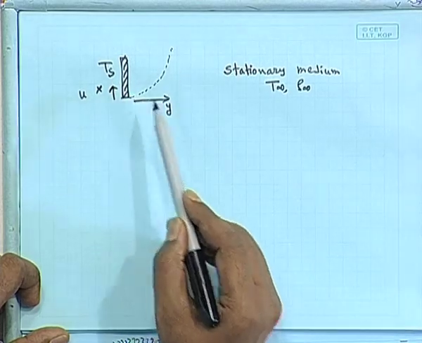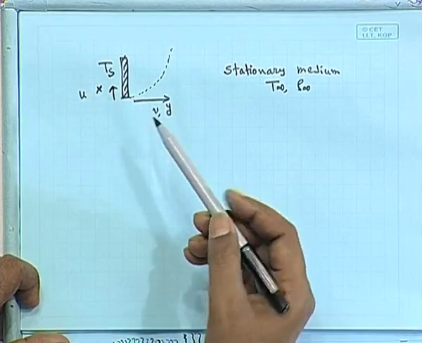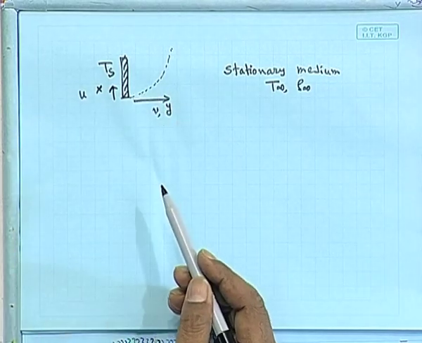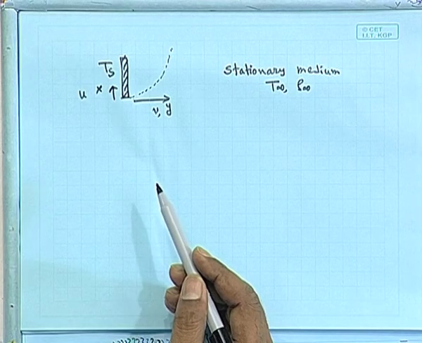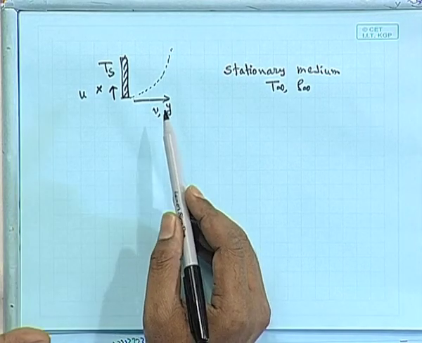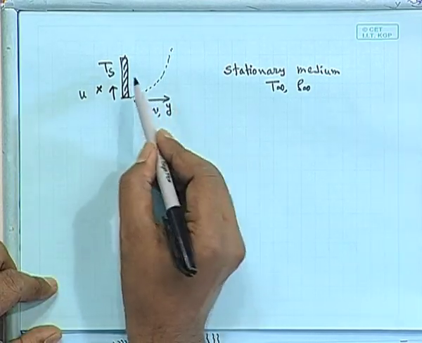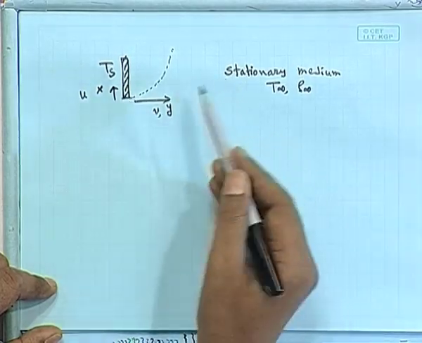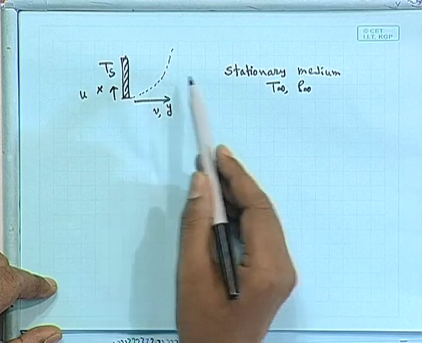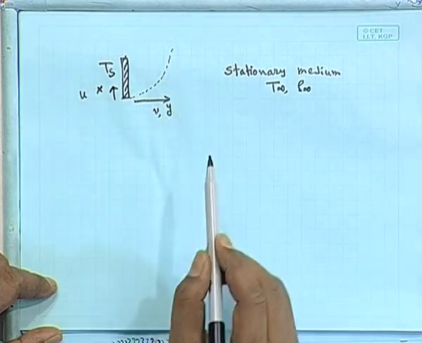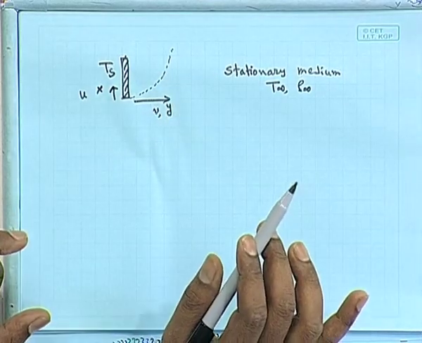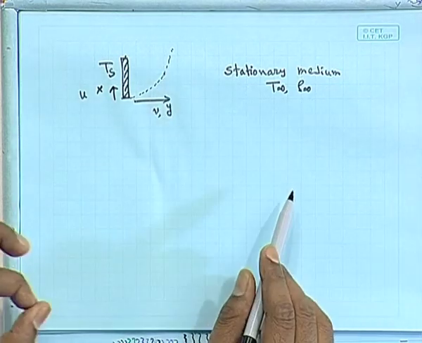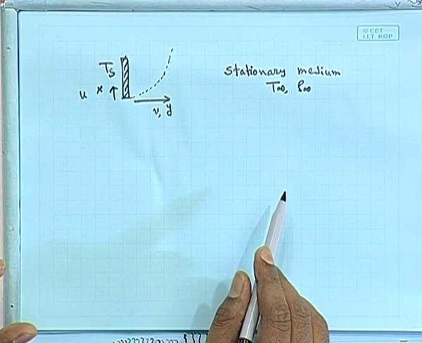At the edge of the boundary layer, due to convection currents, there will be a temperature difference, because that is why the convection will occur. The temperature goes from Ts at the plate surface at y equal to 0 to T infinity at y equal to delta, and the velocity will be 0 at the edge of the boundary layer at all points.